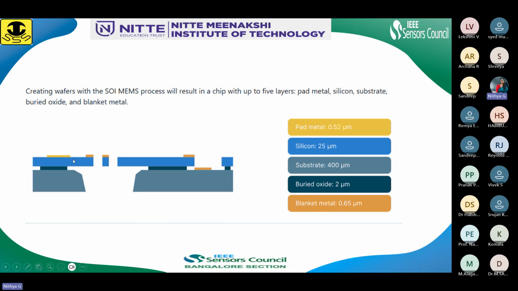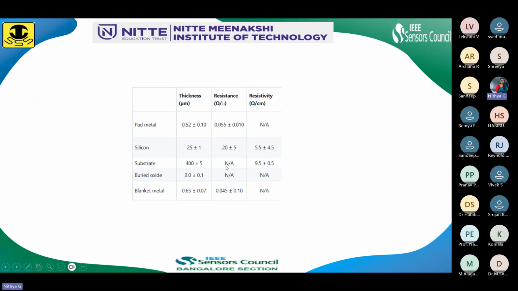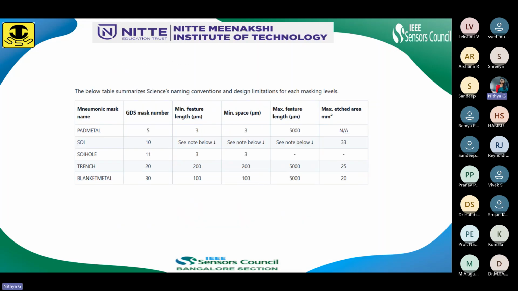So whenever we have the metal layer, we should make sure that from the silicon to the metal layer there is a certain gap which is important to maintain from the fabrication point. Okay, so that is what is shown here. That is a minimum of 3 micrometers.